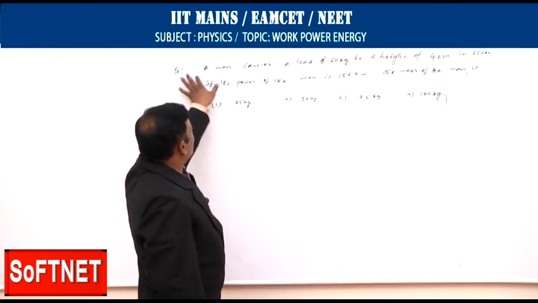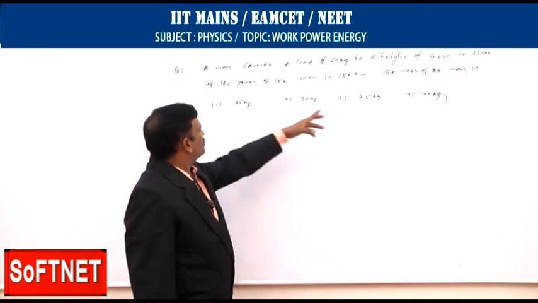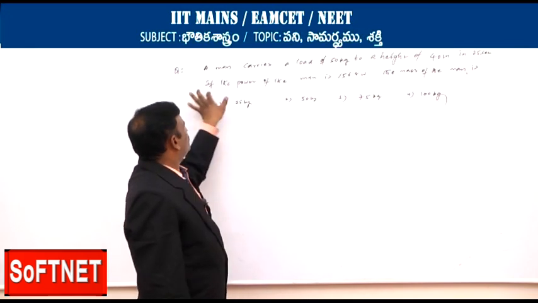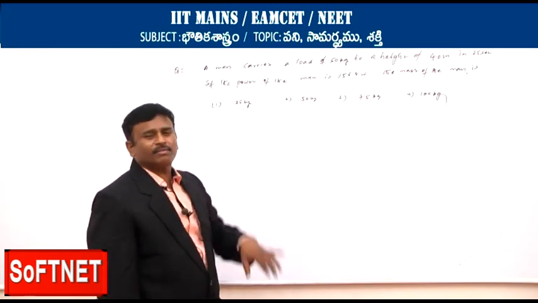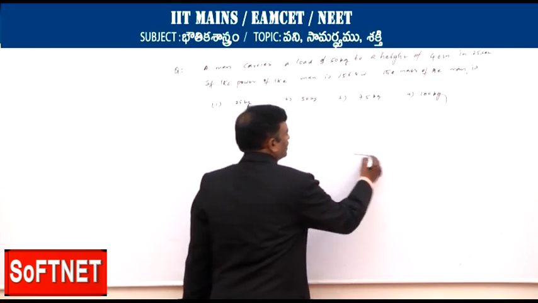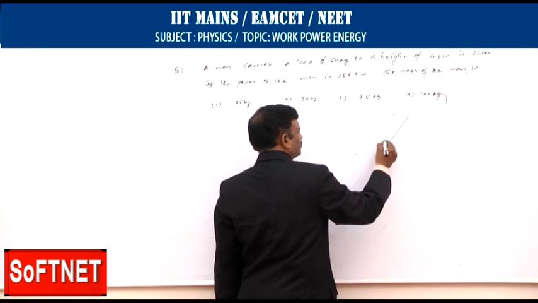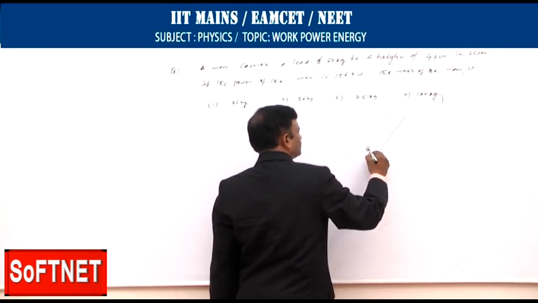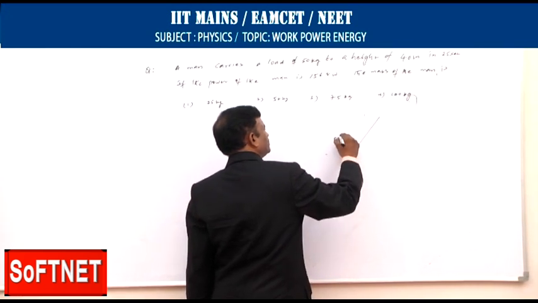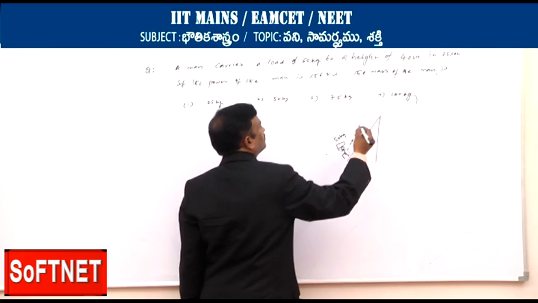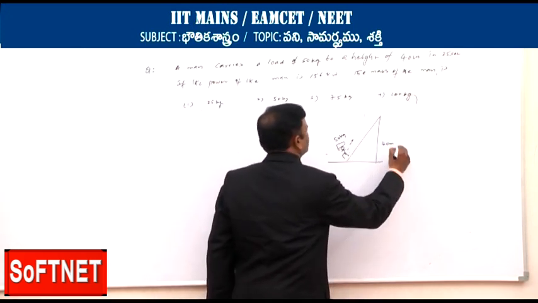Here is another problem. A man carries a load of 50 kg to a height of 40 meters in 25 seconds. The power of the man is 1568 watts. What is the mass of the man? He is carrying the load and moving to a height, going to a height of 40 meters.